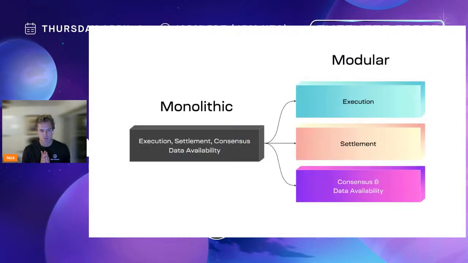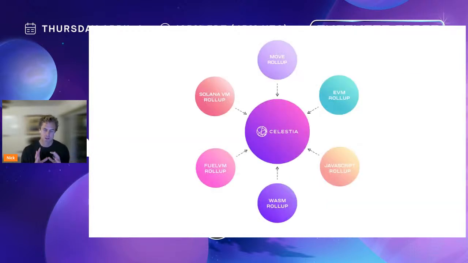The second part of the modular blockchain paradigm that solves a big problem is that in modular blockchains, execution is separated from settlement and consensus and data availability. What that means is that you, as a developer, are no longer locked into one operating system, if you will.